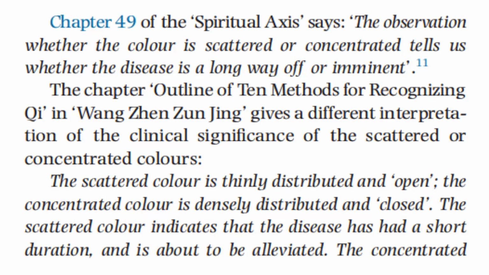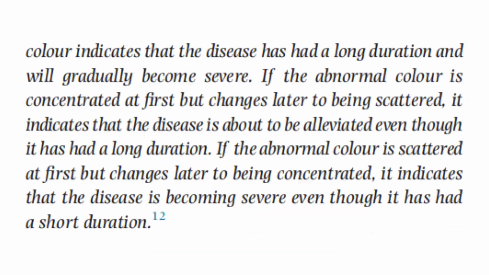The scattered color indicates that the disease has had a short duration and is about to be alleviated. The concentrated color indicates that the disease has had a long duration and will gradually become severe.